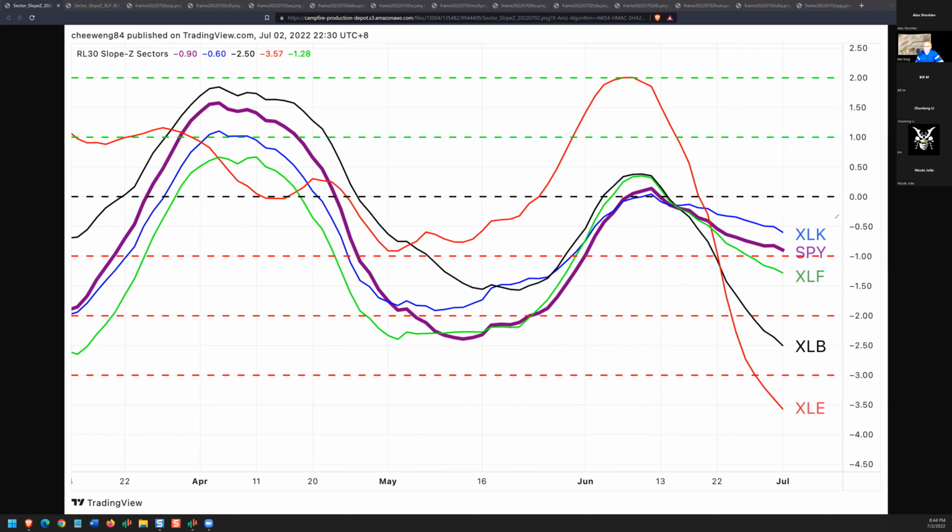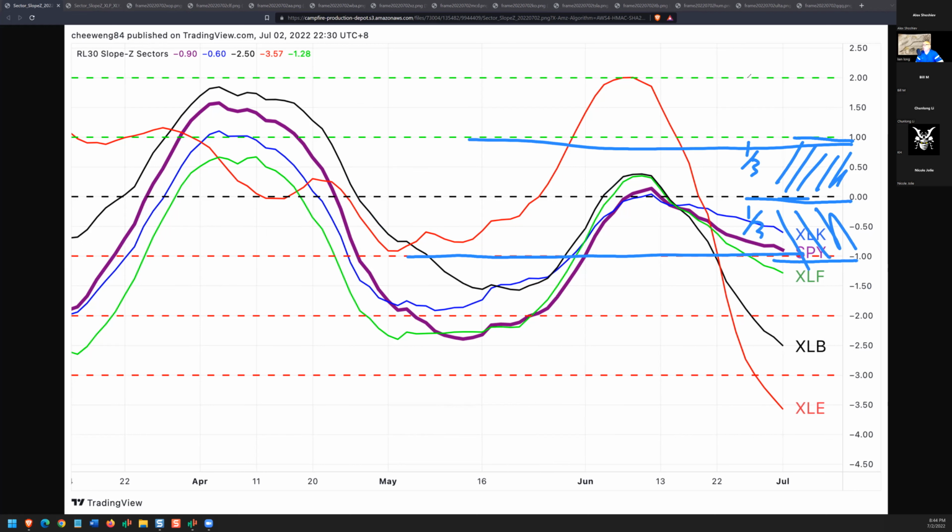And because these are Z-scores, you know that most of the data falls between +1 and -1. So about 2/3 of the time that data is in that band right there, right? And only 1/6 of the time does it get beyond that.